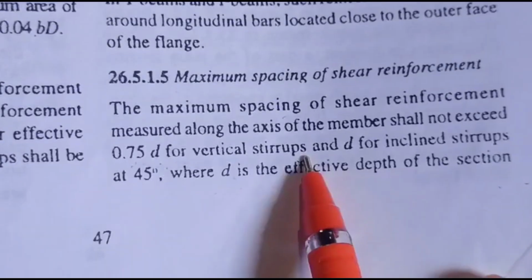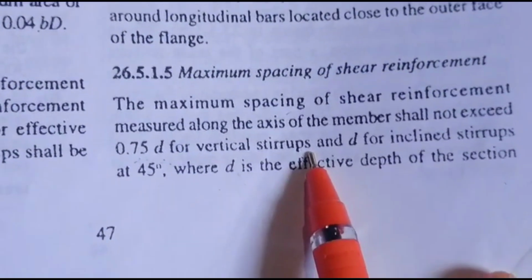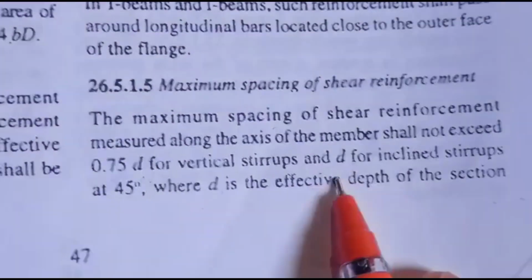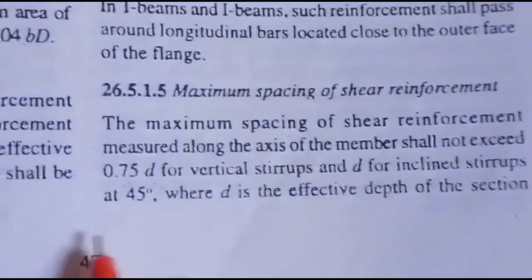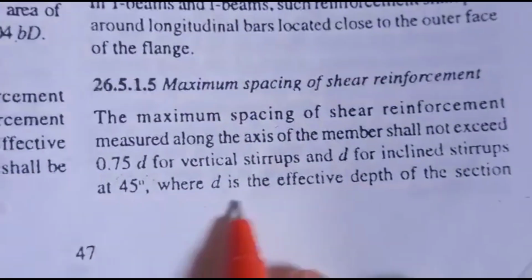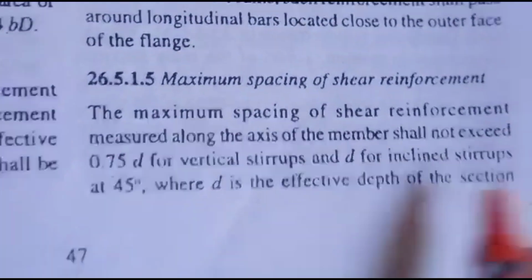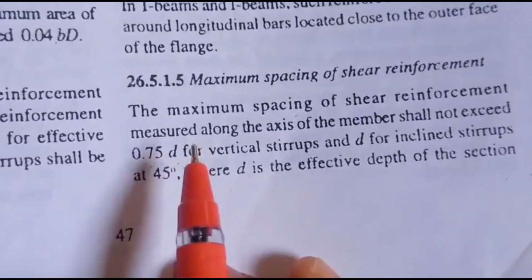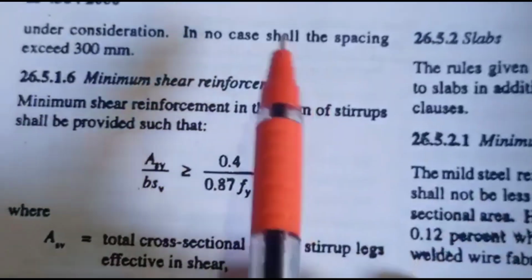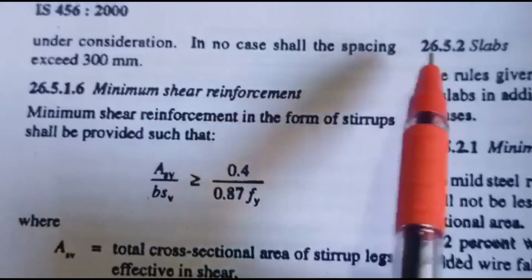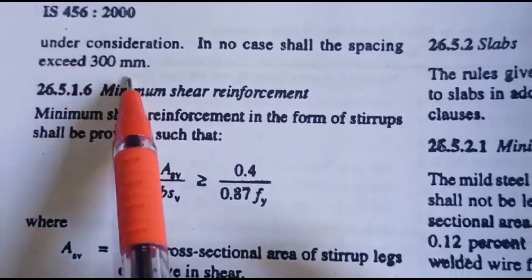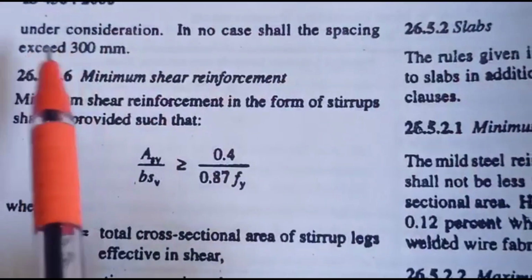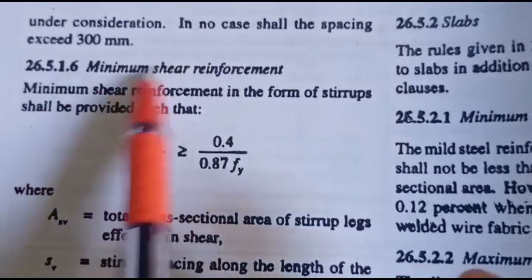So our spacing of stirrups should not be greater than 0.75 d. We need to apply this. There is one more rule: in no case shall the spacing exceed 300 mm. So our spacing of stirrups should not be greater than 300 mm. So these rules also we have to apply.